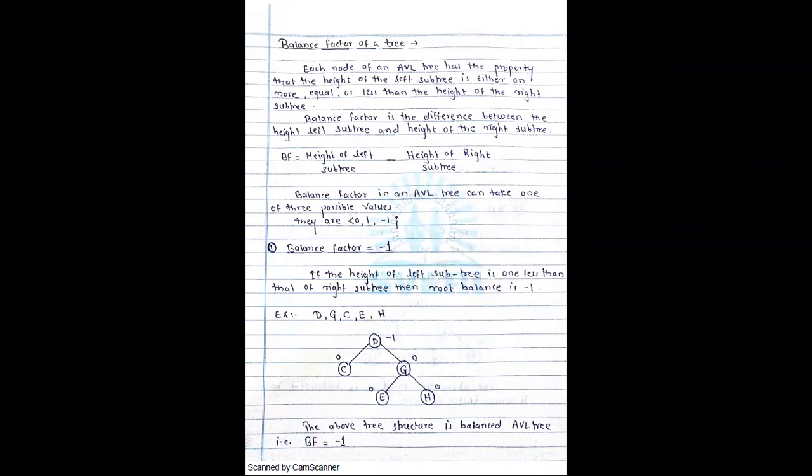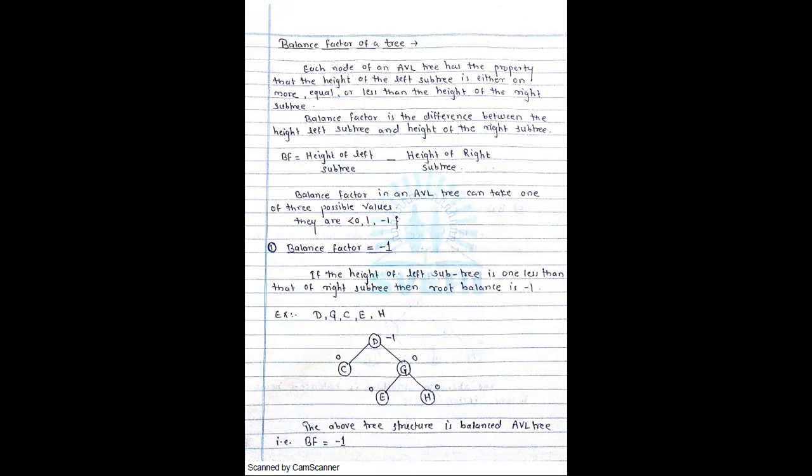A tree whose BF value is 0, 1 or -1. And if the value of BF is 2, 3, 4 or -2, -3, -4, at that time we need to perform the rotation operations, or we'll say the tree is an unbalanced tree, right?